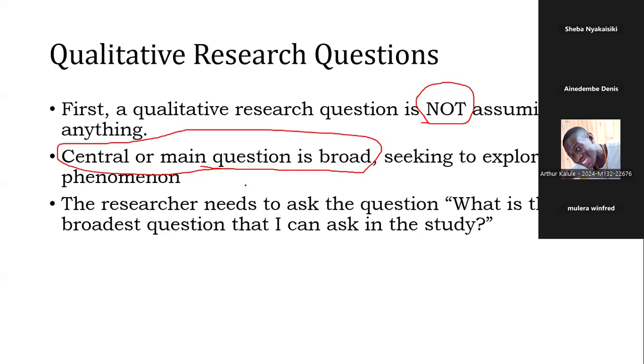It's exploratory in nature. I'm going out to explore a phenomenon. What is motivating? So when your research problem is prompting you to have a broad research question, one that is going out to seek to find out, that then points you to the qualitative approach.